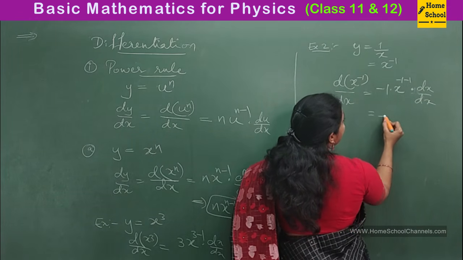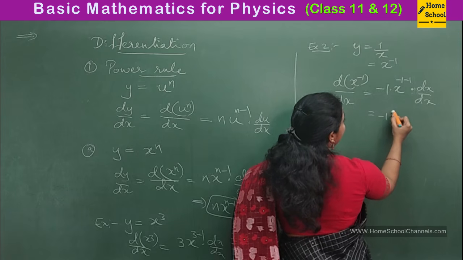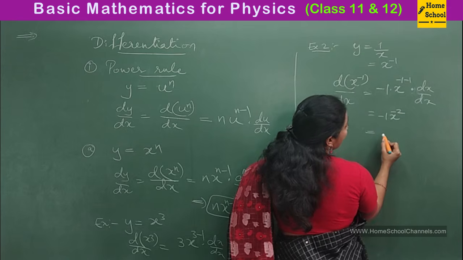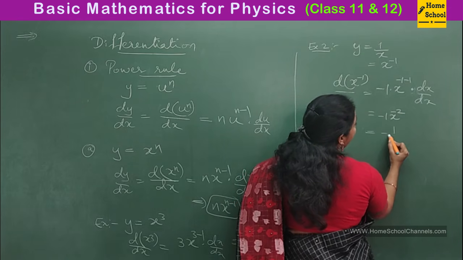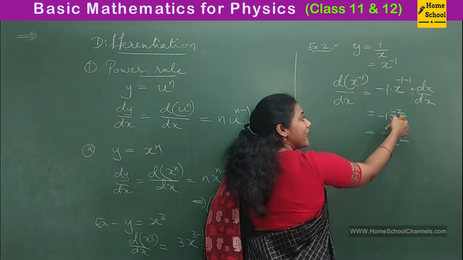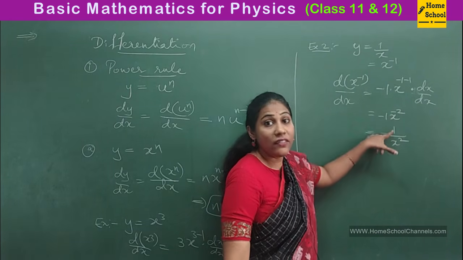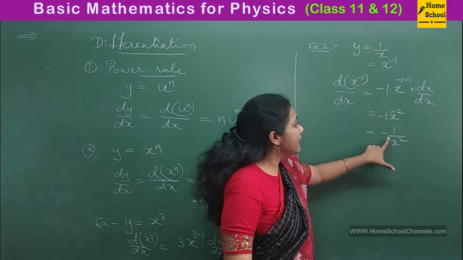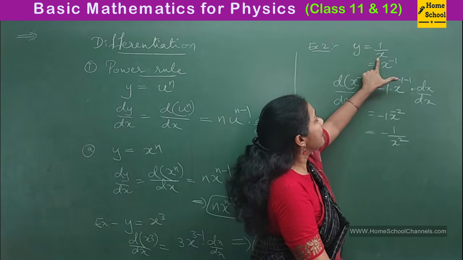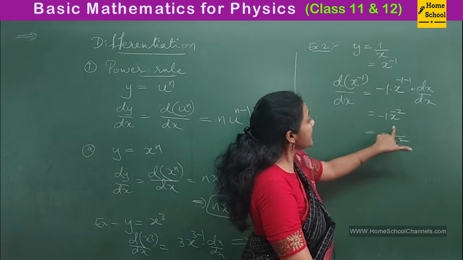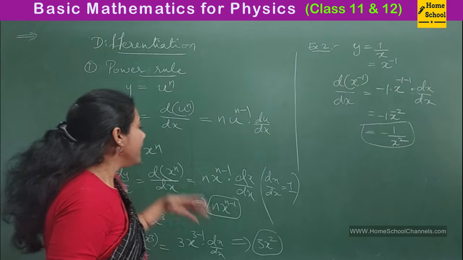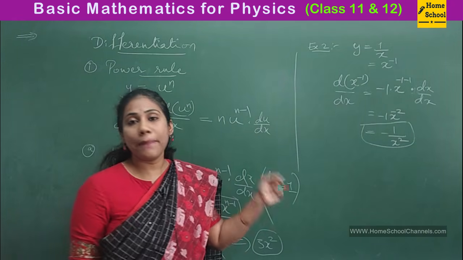So you get minus 1 x to the power minus 2, which I can also write as minus 1 by x square, since x to the power minus 2 means an inverse square. So the differentiation of 1 by x is always minus 1 by x square. This is where in different situations we can use the power rule.